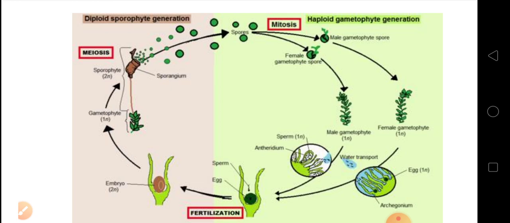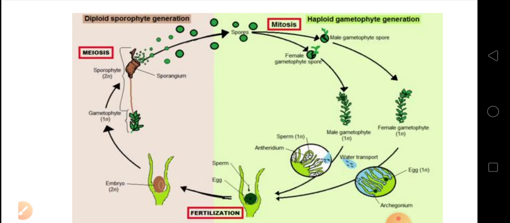So bryophytes are amphibians. Why amphibians? Because they depend on water for sexual reproduction. They can grow in soil, but for sexual reproduction they depend on water. So that's why we say it is an amphibian of the plant kingdom.